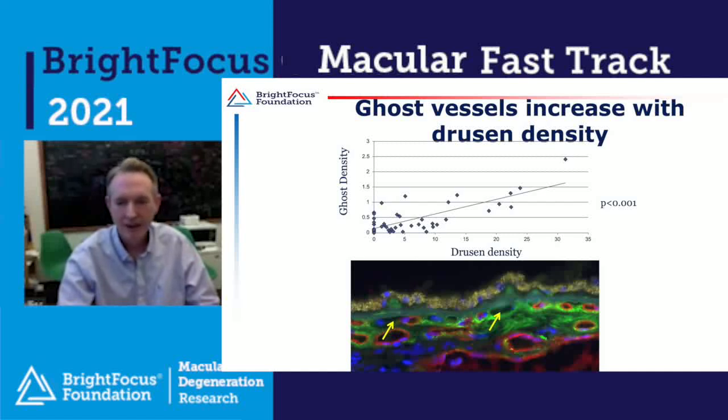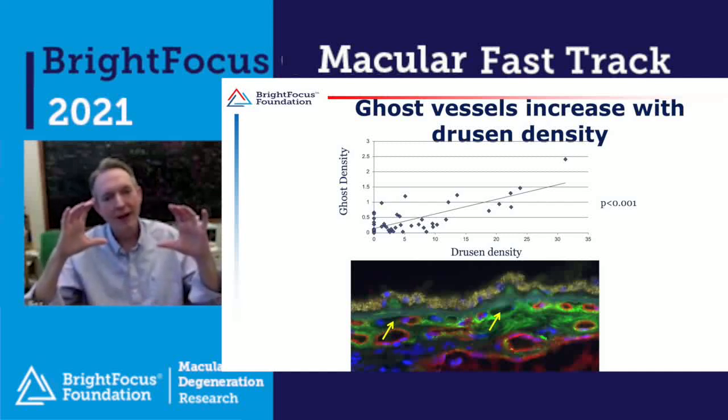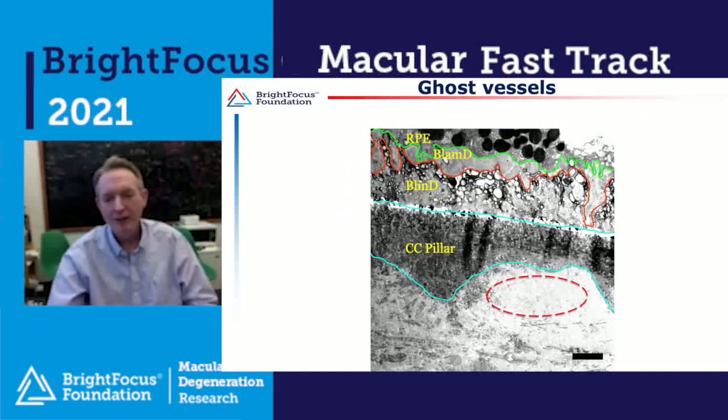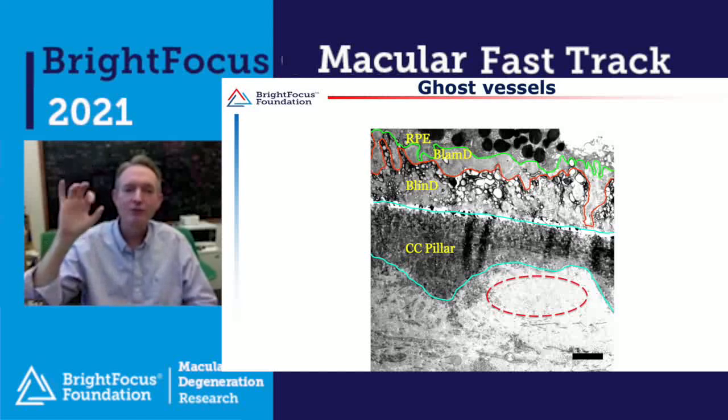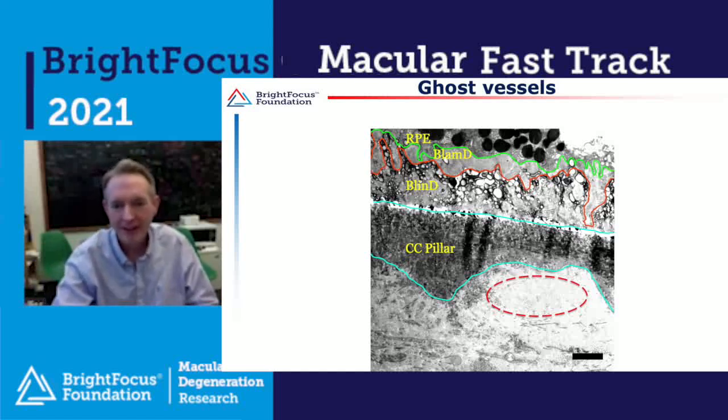Right? So again, here's the UEA labeling of normal choriocapillaris through here, but here underneath this druse, there's a missing vessel. You still see a lumen, but there's no red lining to it. And same thing here. We can see ghost vessels on EM, and eventually these will sort of fill up with collagen. It's like a sedimenting stream or something.